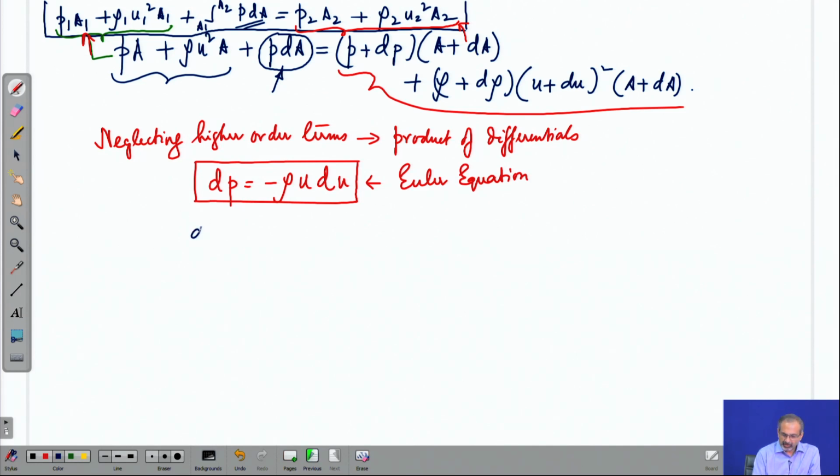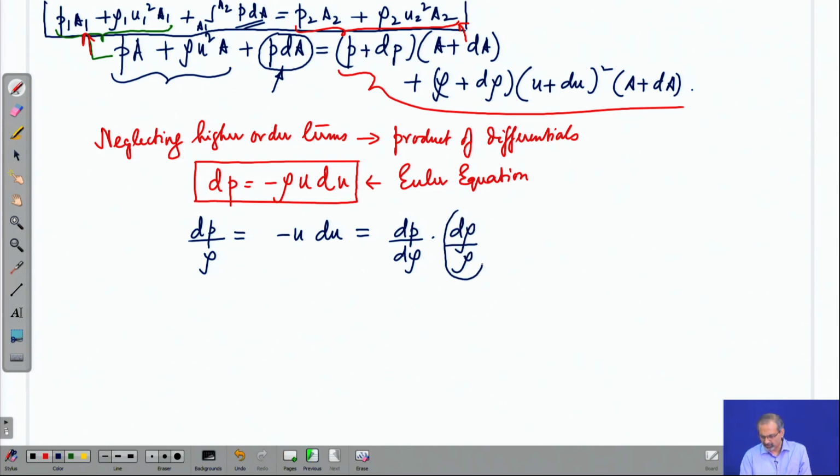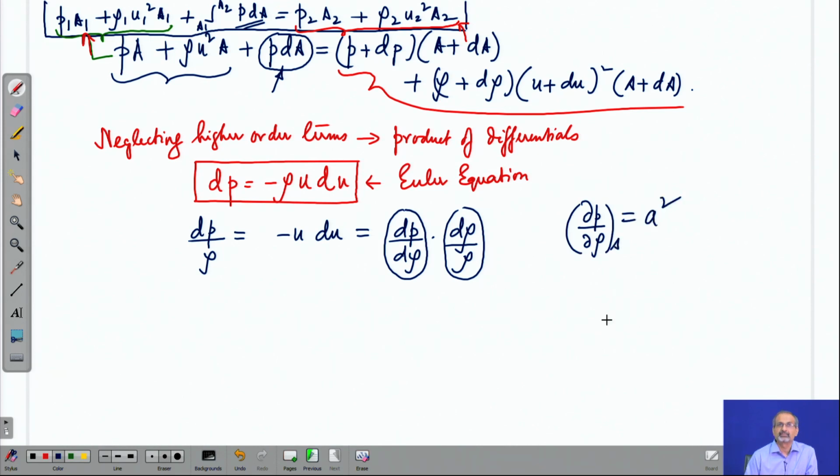So, we will rewrite Euler equation like this: dP by rho is minus u du, and the dP by rho can be written as dP by d rho into d rho by rho. Remember that d rho by rho is one of the terms in the continuity equation also, and this is familiar to us, dP by d rho. You remember that under isentropic conditions, this gives you the square of the sonic speed.